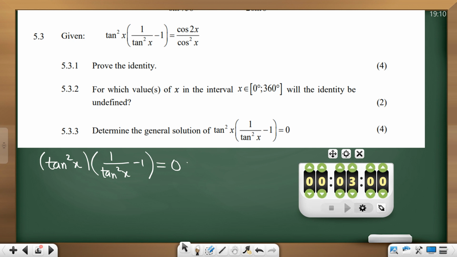I want you to notice that what scares you all is just the presentation of maths. Sorry? Then, if they're written a certain number, then I will use cos 2x.